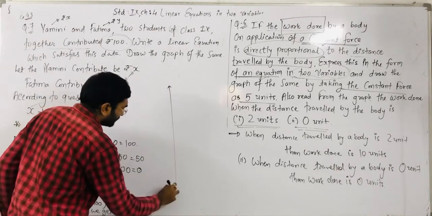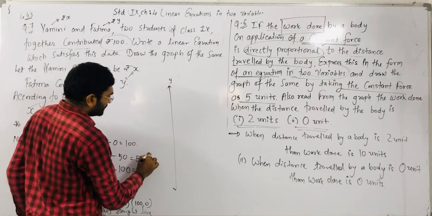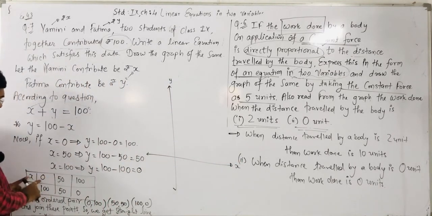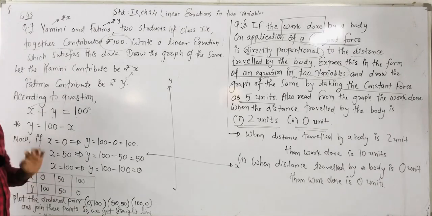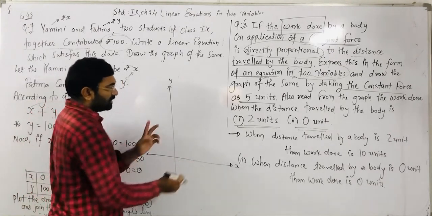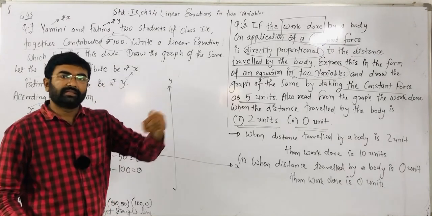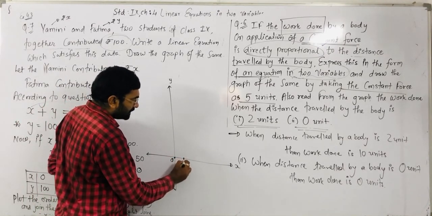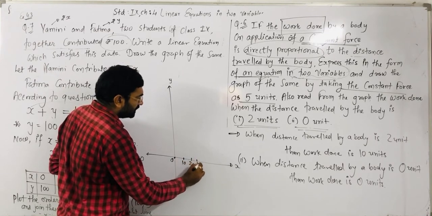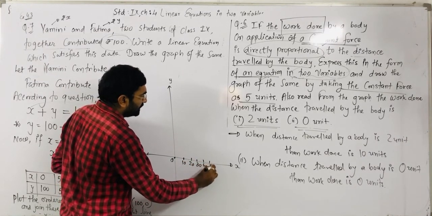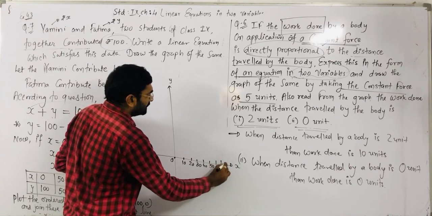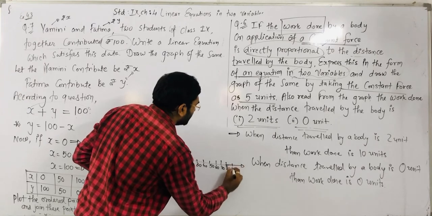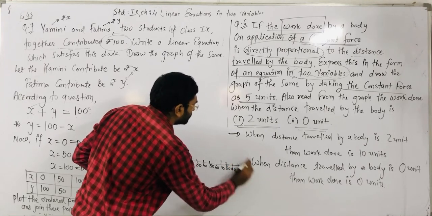So this is the y-axis and this one is the x-axis. Now observe, for the x value, minimum value is 0, maximum value is 100. So here 1 centimeter is equal to 10 units. Okay, so here 0, then after that we put 10, 20, 30, 40, 50, 60, 70, 80, 90 and up to 100 we have to write.